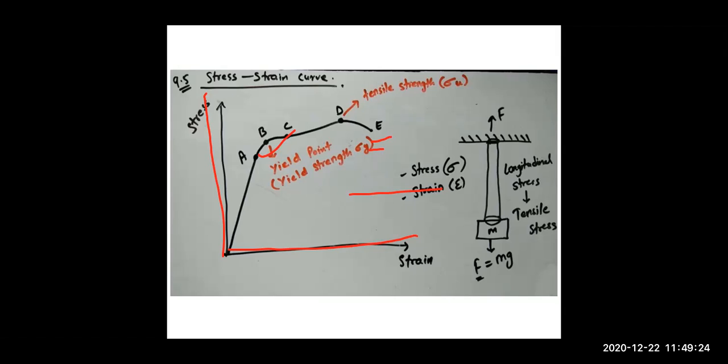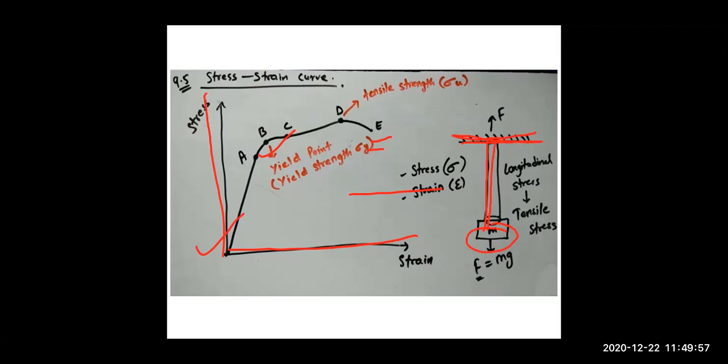This is again the same experiment, that is, on a rigid support we are fixing a wire, and at the bottom of the wire we have fixed a pan in which we are going to place some known weights, and we are going to note the reading of extension of the wire, and then calculate the corresponding stress and strain. And after calculating the stress and strain, we plot the graph.